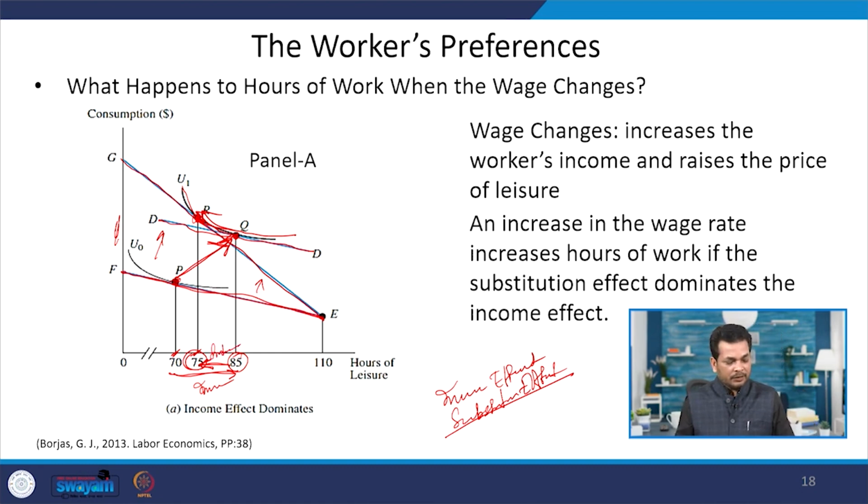So, in the net result, we find that there is an increase in the leisure hours. In this case, the income effect dominates the substitution effect.